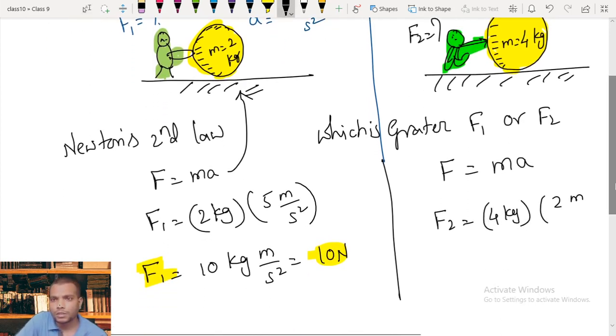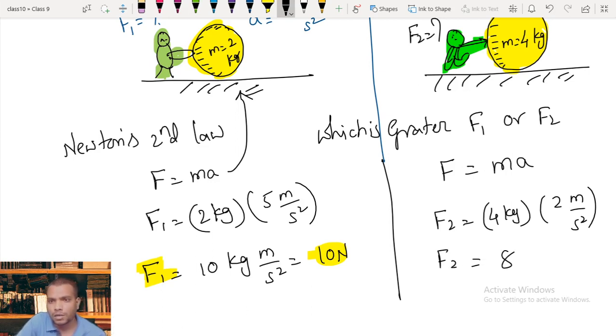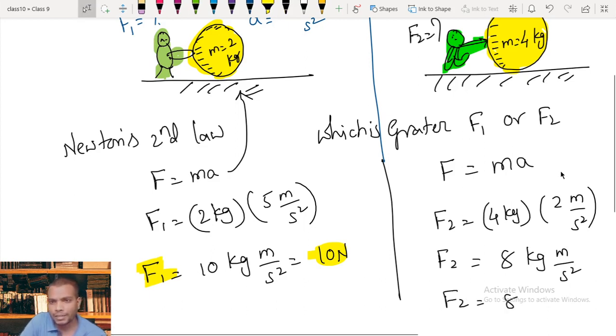So F2 equals 4 twos are 8 kg meter per second square, which you can write as F2 equals 8 Newton.